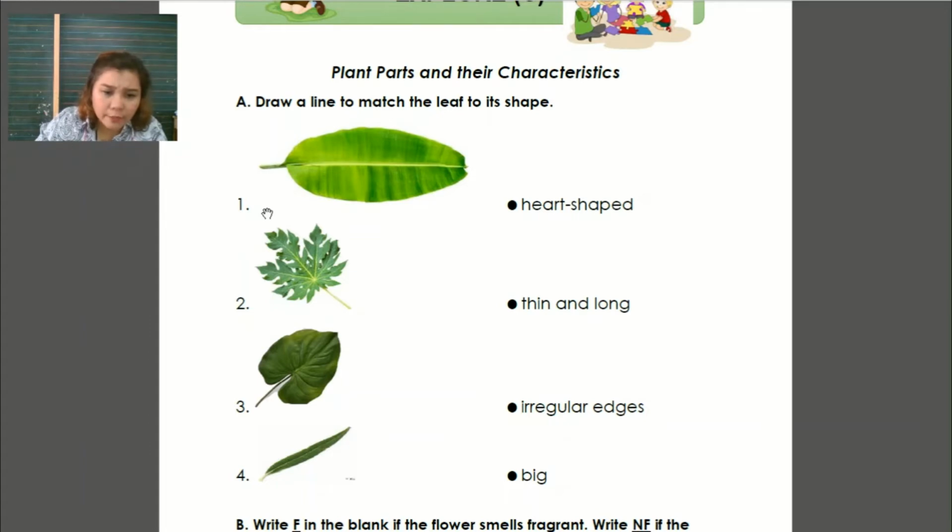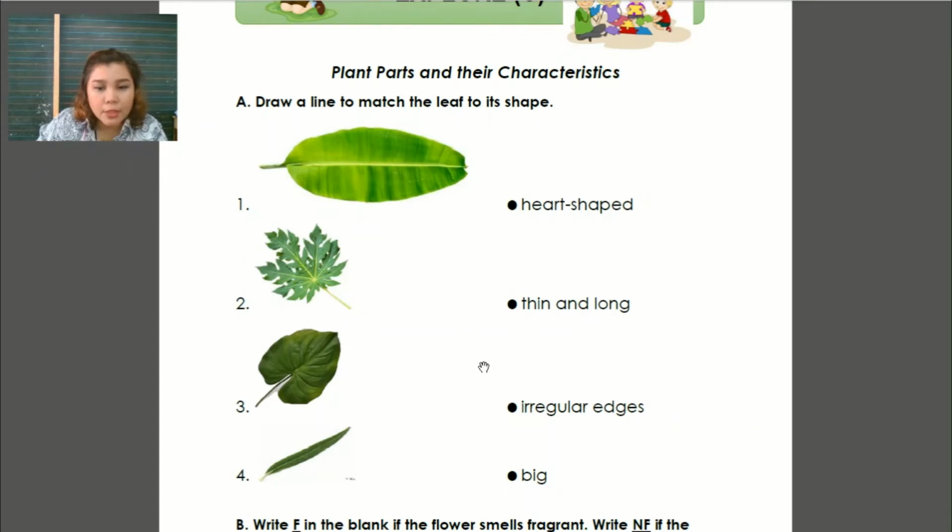Number 1, ano kaya to? Banana leaf. Number 2, it looks like a leaf of a papaya. Ito naman, ano ito? Parang caladium na parang gabi. Number 4, it looks like mango leaf.